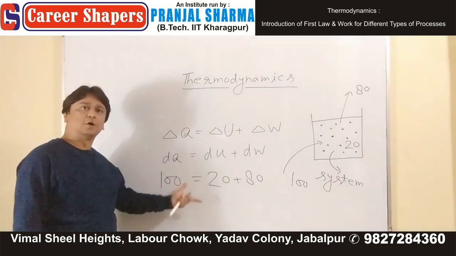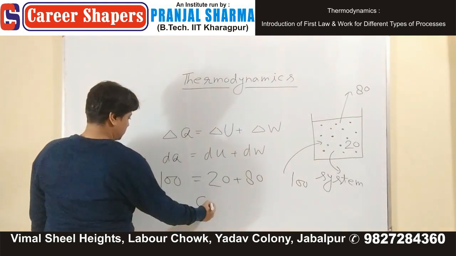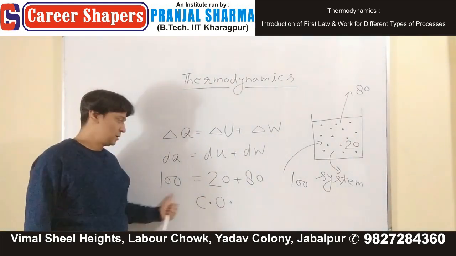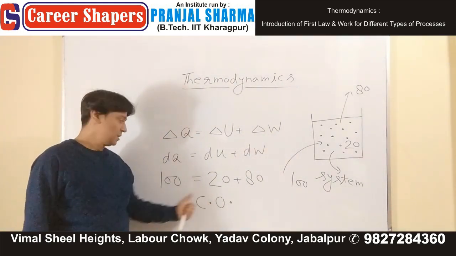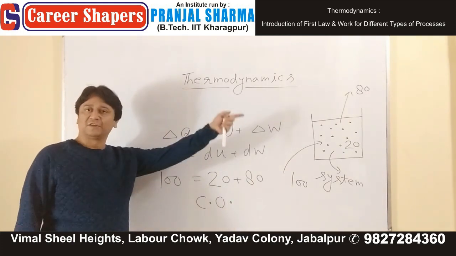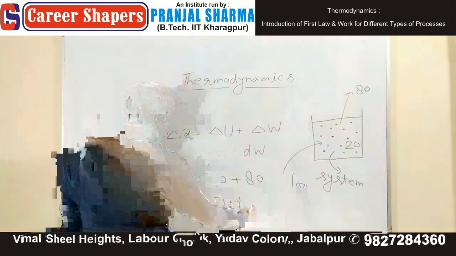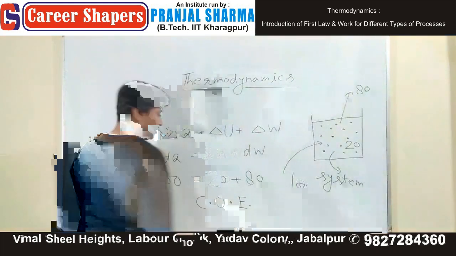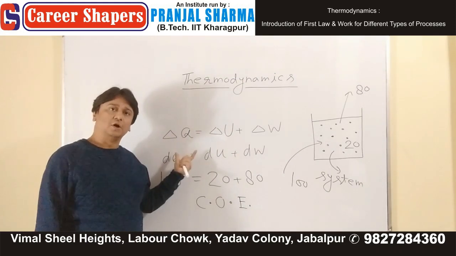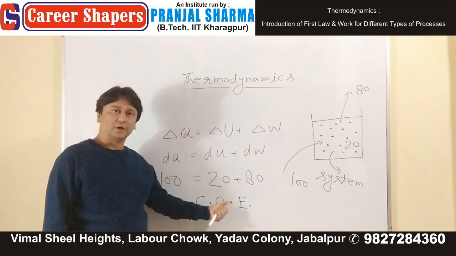This is first law. This is conservation of money. 100 I gave you. You have got 20, 80 you gave to someone else, 100 is 20 plus 80. This is COE. Conservation of energy. So thermodynamics first law is all about conservation of energy.